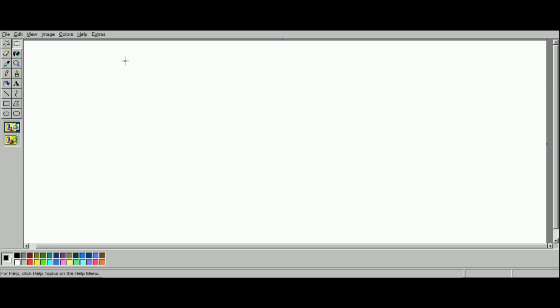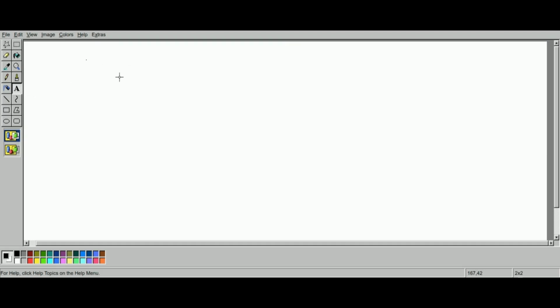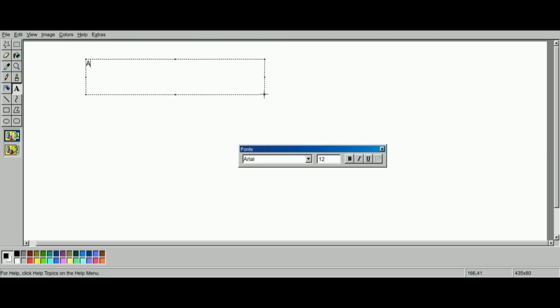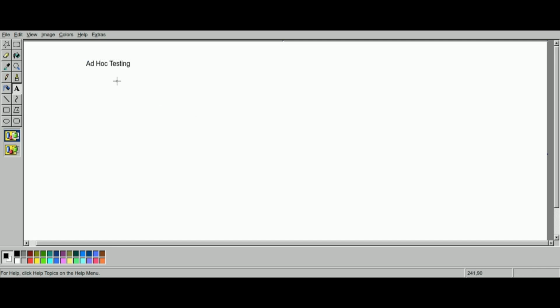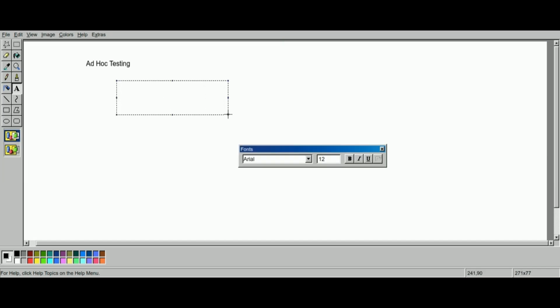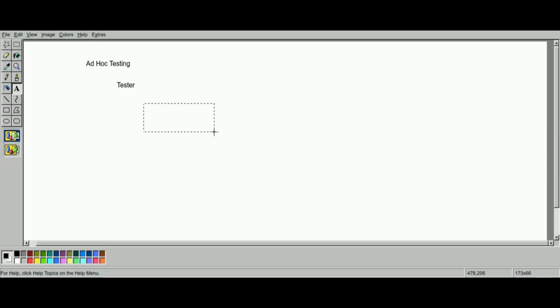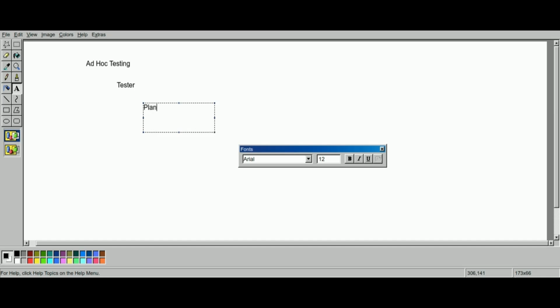Ad hoc testing: tester, plan, report, document.